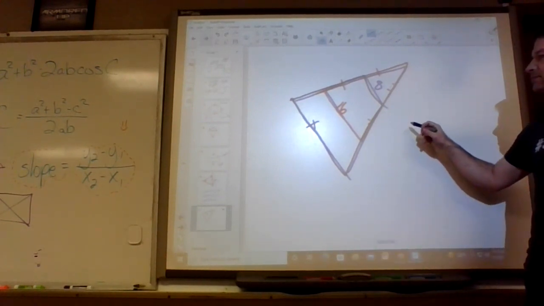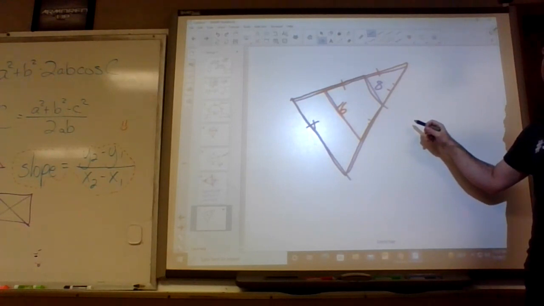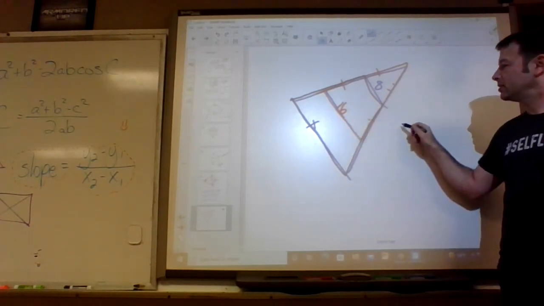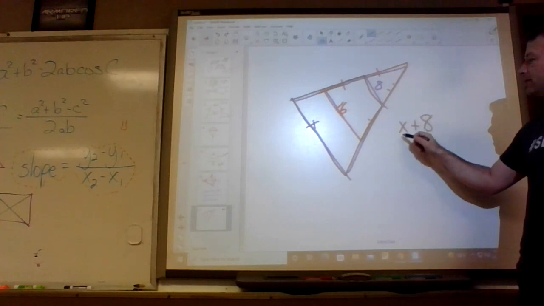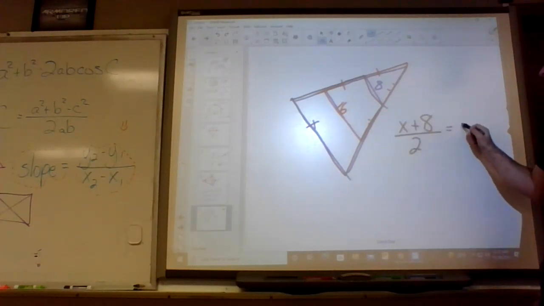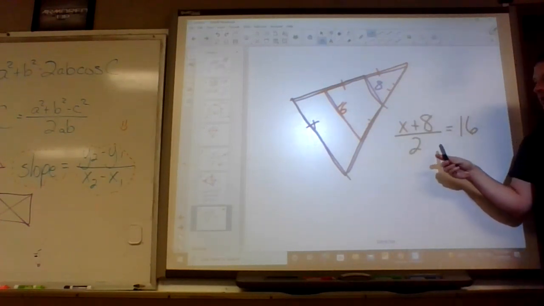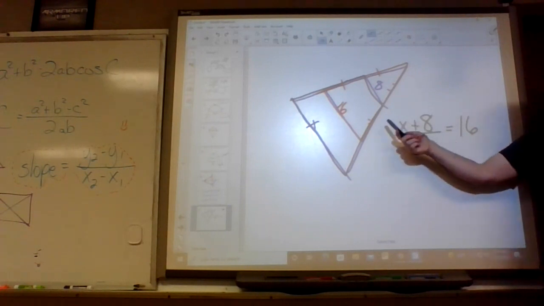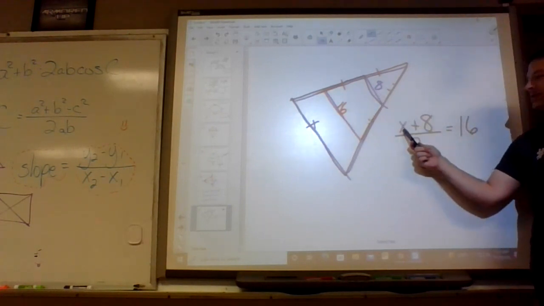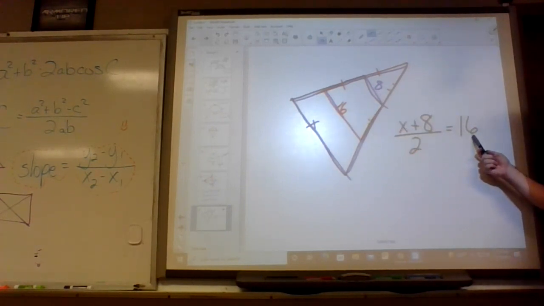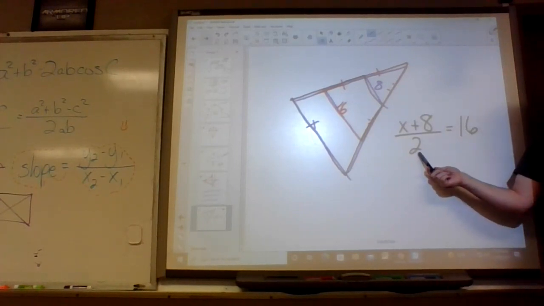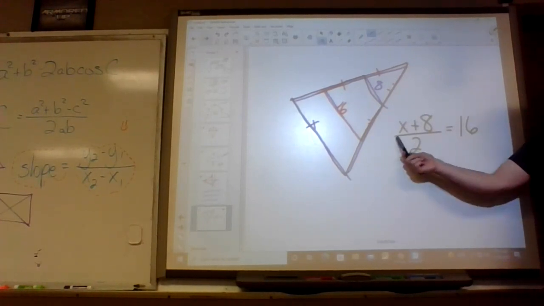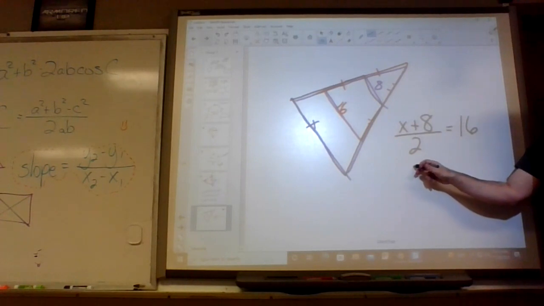16 times 2 minus 8 equals X. Let's do it algebraically. X plus 8, divided by 2 equals 16. Yes. So multiply by 2. If you average X and 8, it should come out to 16. How do we solve this with algebra?